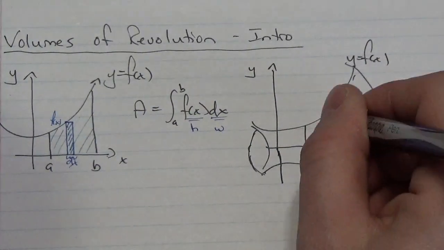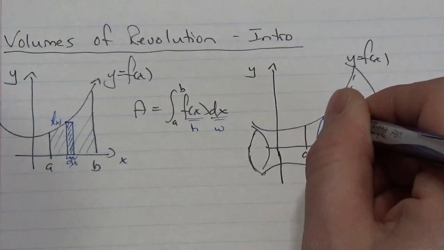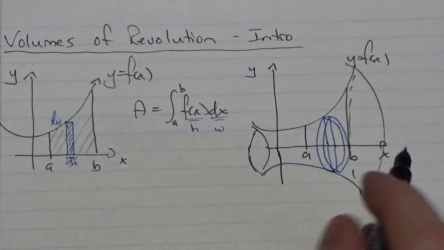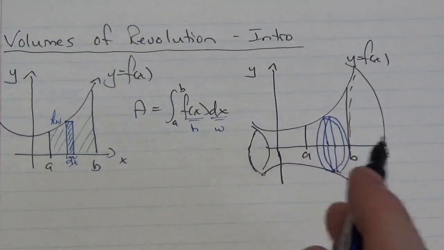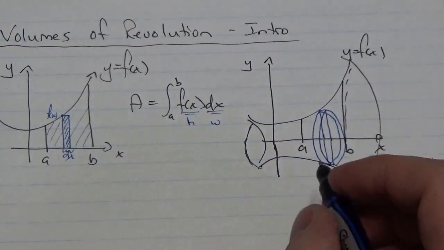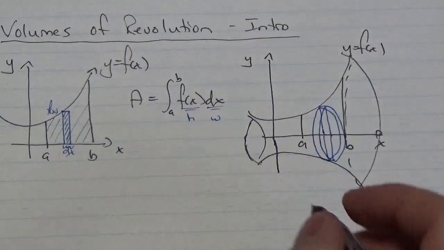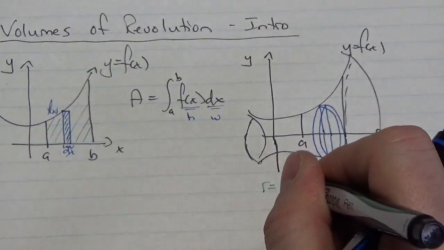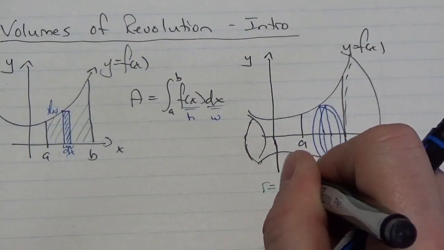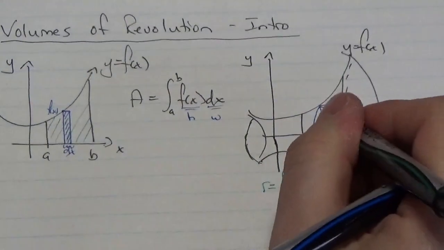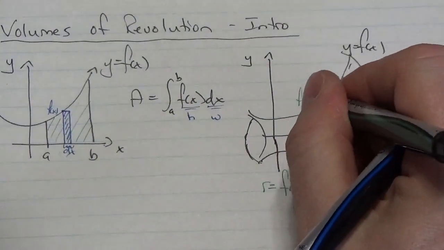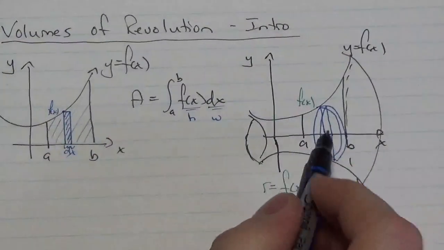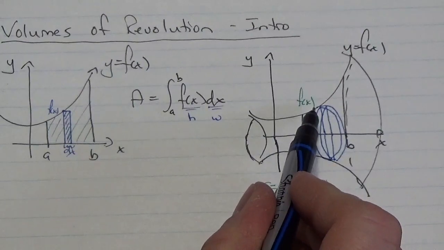And what happened was we ended up creating a disc shape. Now, the radius of the disc ended up being the value of the function right here. Here's my f of x. That is going to be the distance from the x-axis up to the curve right there.